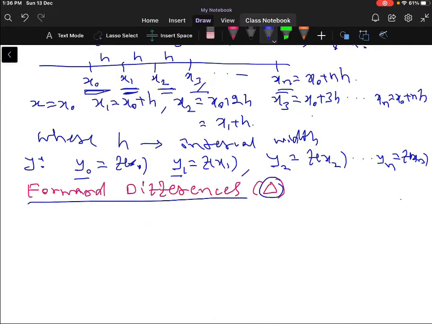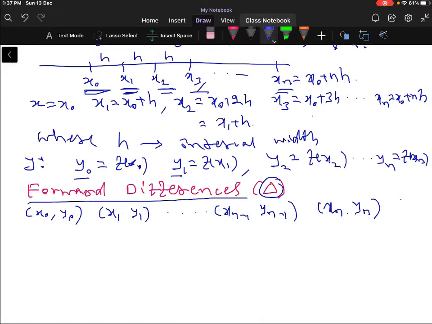Now let us move to the definition of forward differences. Let us consider the tabular points x0 comma y0, x1 comma y1, and so on, xn minus 1 comma yn minus 1, and xn comma yn. So these are the tabular points of the function y is equal to f of x.